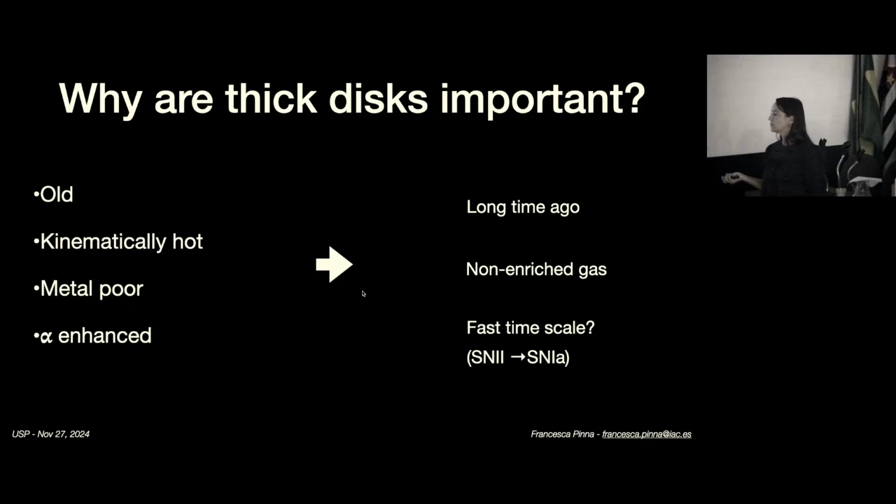And this is related to the fact that supernovae type 2, which release most of the alpha elements, have shorter lifetimes than supernovae type 1a, which on the other hand release most of the iron peak elements. And therefore, when we form the first generations of stars, we have some enhancement of the alpha elements, and we have to wait a little bit more for supernovae type 1a to balance this enhancement with also iron peak elements.